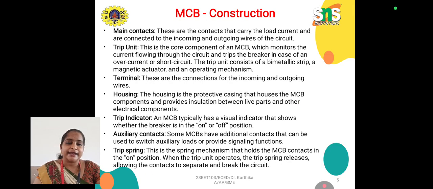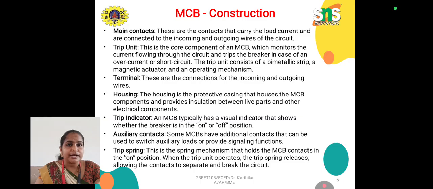The construction of an MCB has these elements: main contacts, trip unit, terminals, housing, trip indicator, auxiliary contacts and trip spring. Main contacts are responsible for carrying the load current, and they are connected to the incoming and outgoing wires of the circuit.